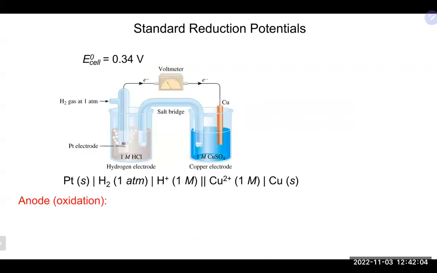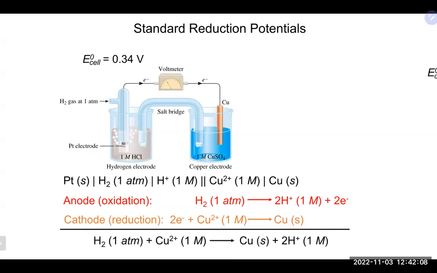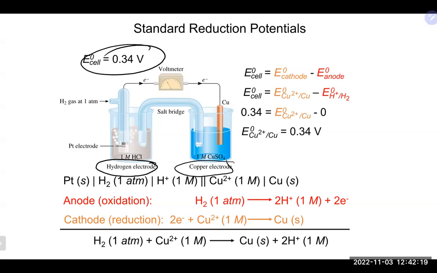Now, if we hook the hydrogen electrode up here with our copper and do a similar calculation, using our standard hydrogen electrode as 0 and figuring out the voltage of the cell, which is 0.34 volts in this case, our standard hydrogen electrode is actually our anode, and our copper is our cathode.